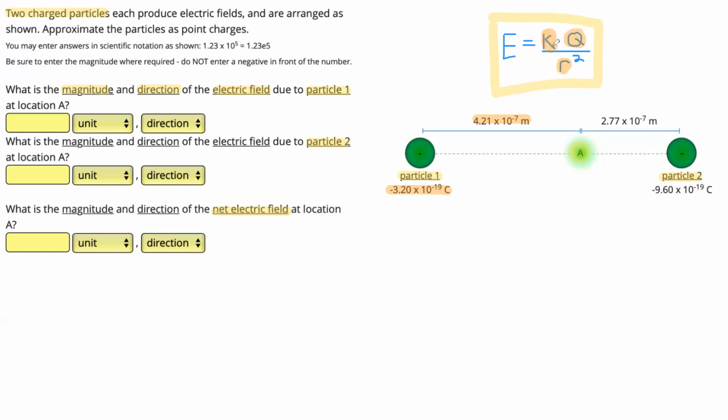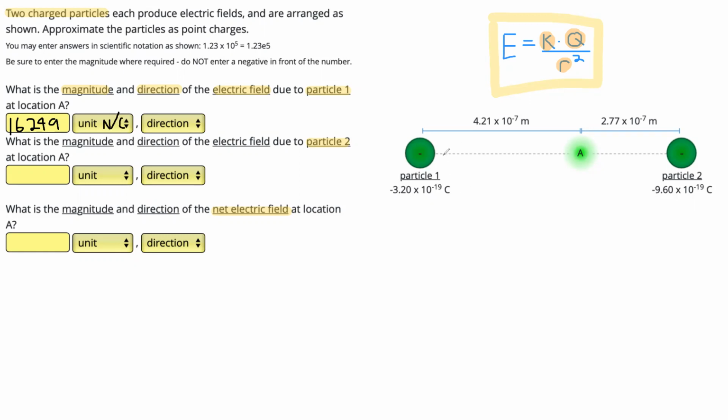It's 9 times 10 to the power of 9. That gets us an electric field strength of 16,249 newtons per coulomb from particle 1.